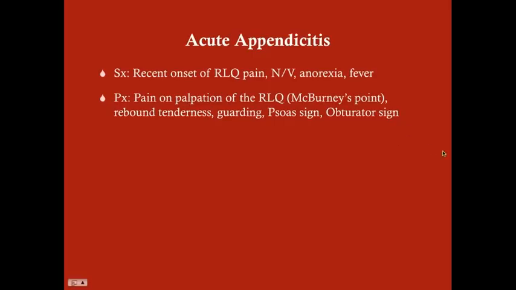Whereas if you have nausea and vomiting that precedes the pain, then that's more than likely some kind of small bowel obstruction. So a little bit of clinical advice there. So nausea and vomiting should follow the right lower quadrant pain in appendicitis.